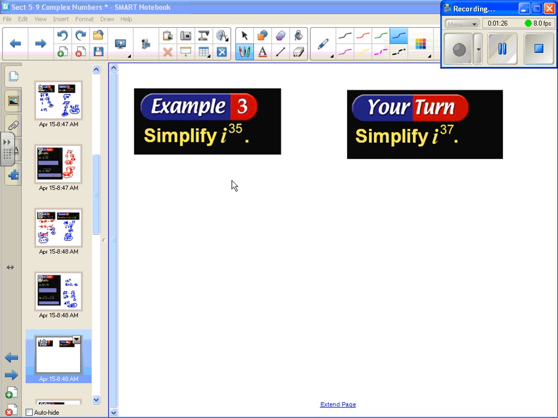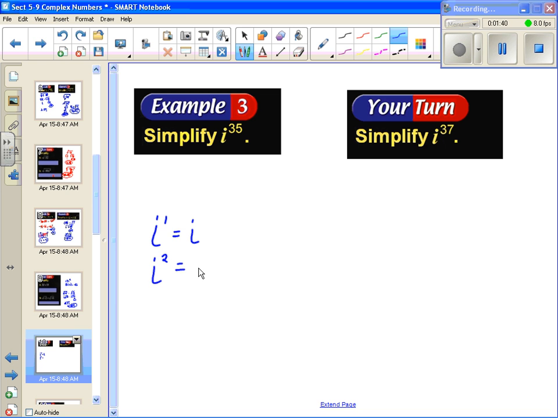Okay, i to the 35th power. Now, in order to do this, we're going to investigate a little pattern. If I have i to the first power, that's just i. To the second power, remember, this was the square root of -1 squared, but we just think of it as i to the second power.